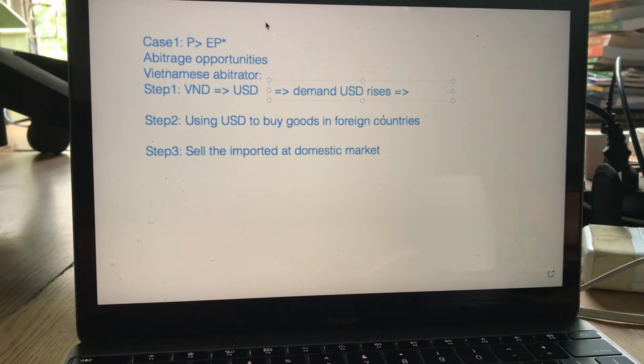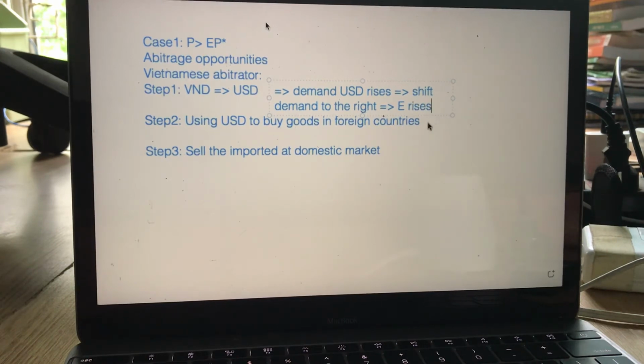Yes. And it shifts the demand curve to the right. The exchange rate decreases or increases? Increases. Okay, thank you.